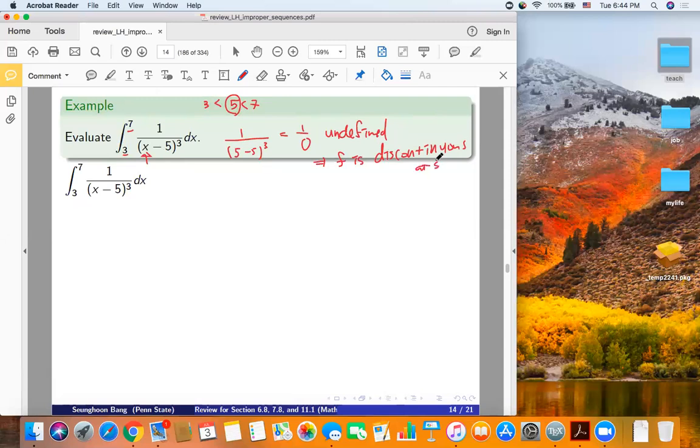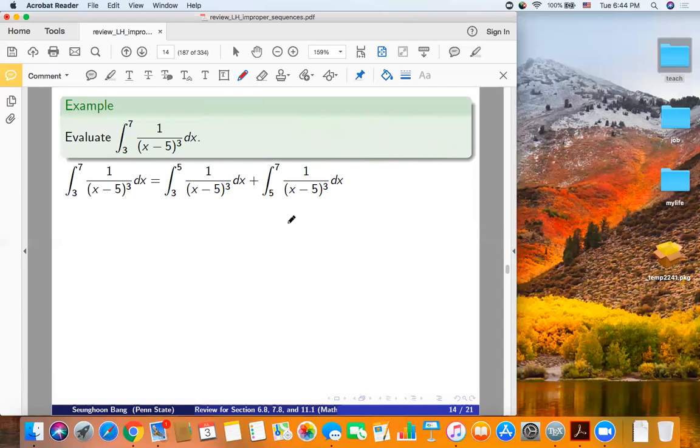So you have to split the integral: the integral from 3 to 5 of 1 over (x minus 5) cubed dx, plus the integral from 5 to 7 of 1 over (x minus 5) cubed dx. So first, you calculate this improper integral first. You have to use u substitution.